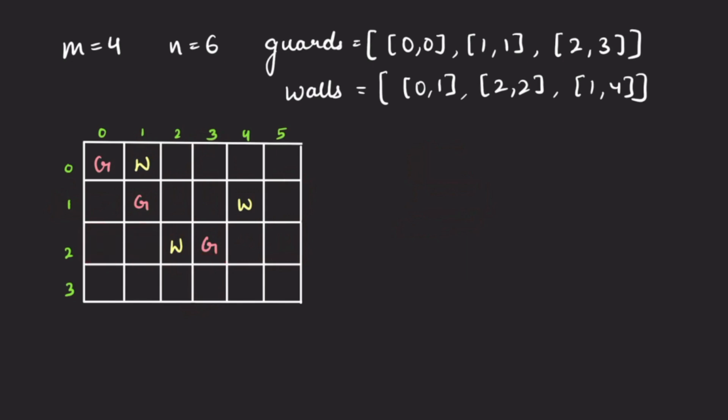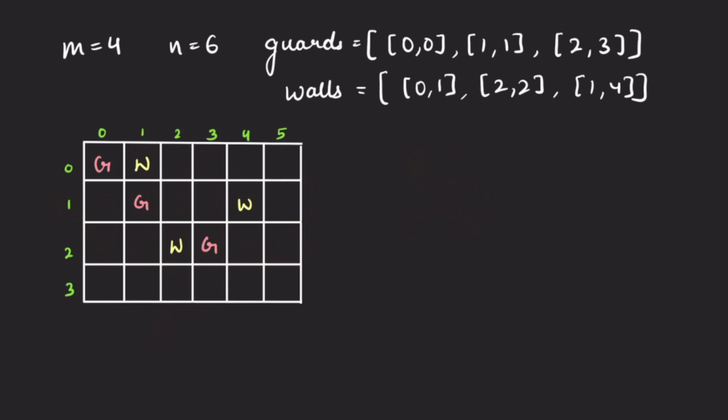So now what we need to do is find out how many cells within this grid are not guarded by any of the guards. Basically, whatever cells are not watched by any of the guards, that count you need to find out and return as your answer, right?